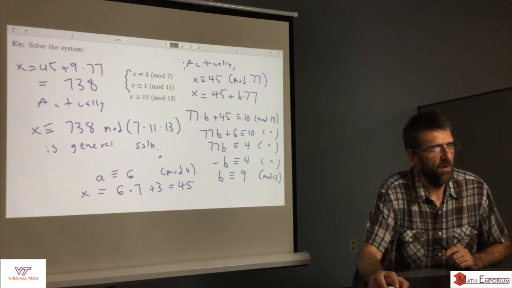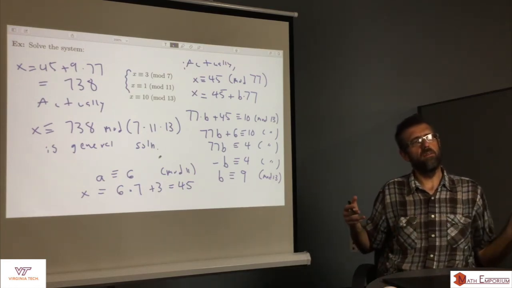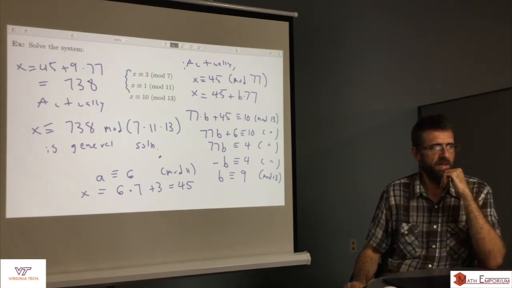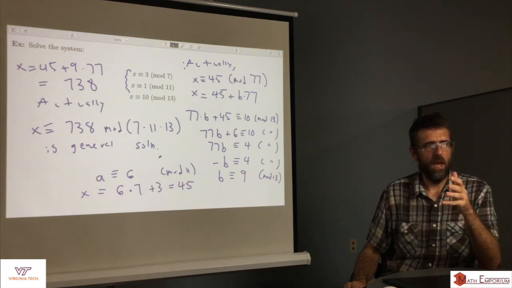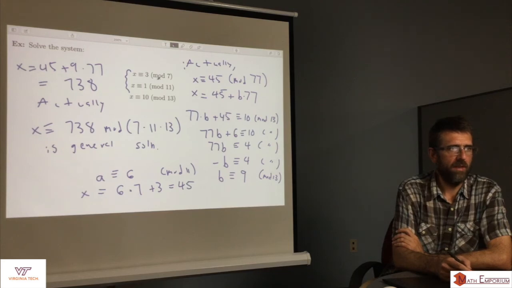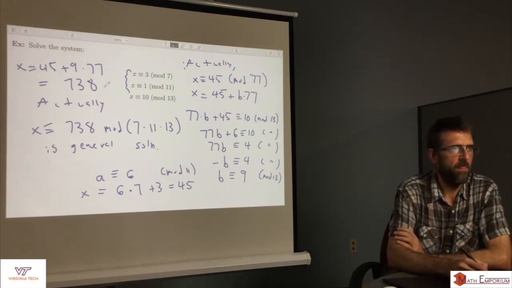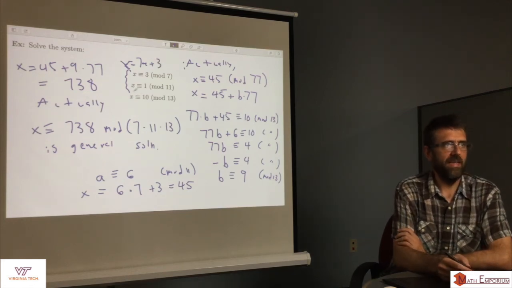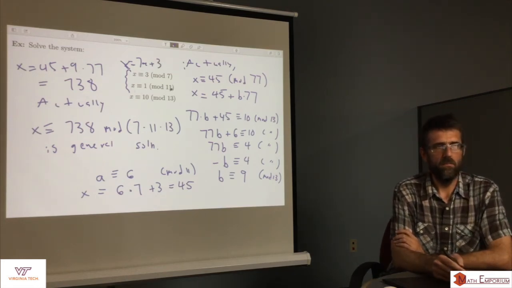All right, so the point here is that we were able to solve this system of congruences, so let's think about what allowed us to solve it. The key point was that when I wrote x equal to 7a plus 3 for that top congruence, I needed to be able to invert 7 mod 11 to solve for a.